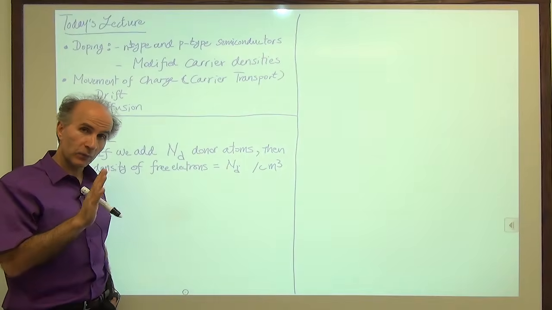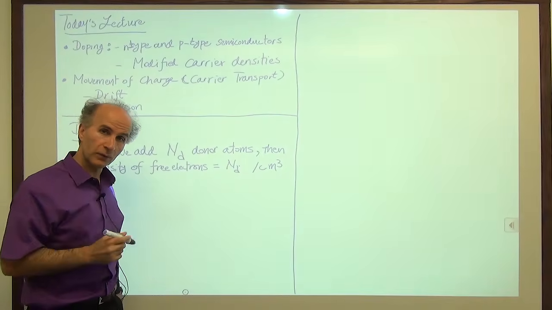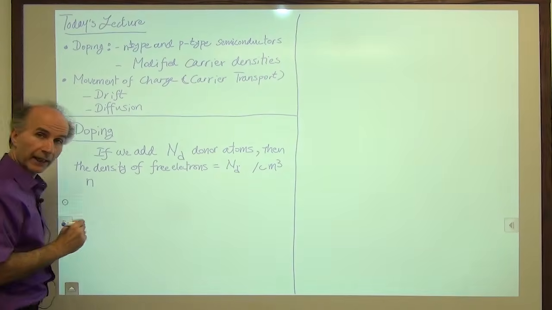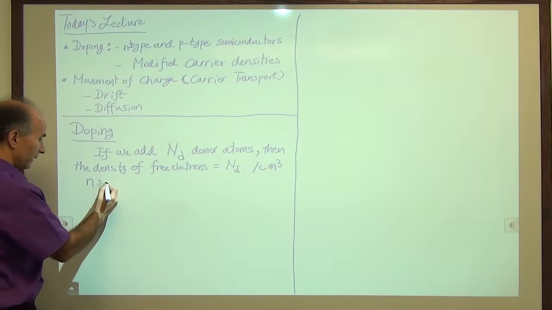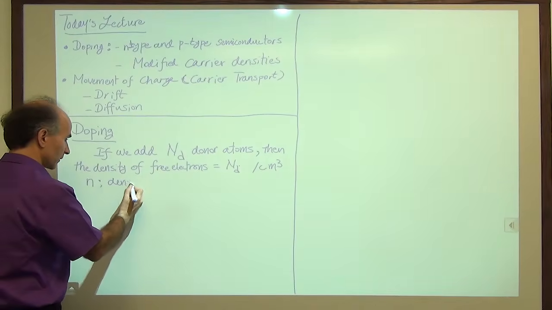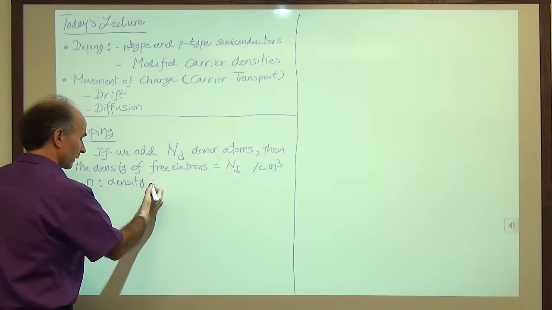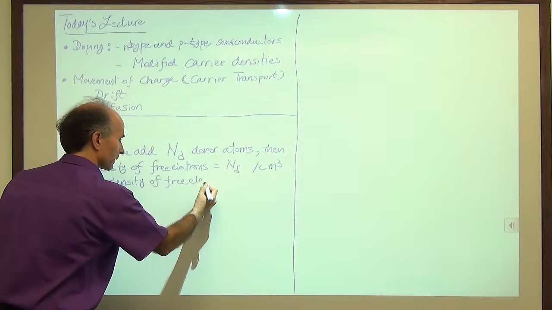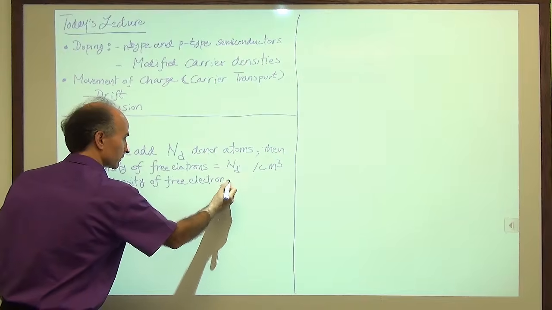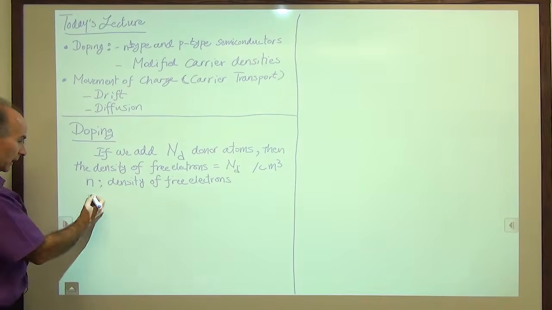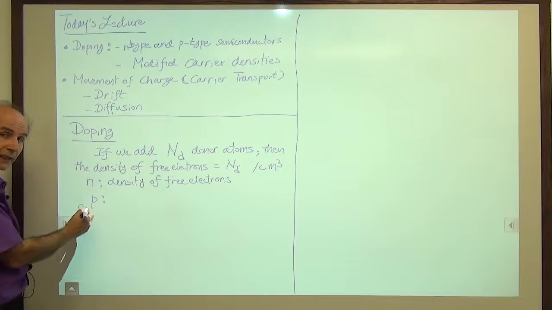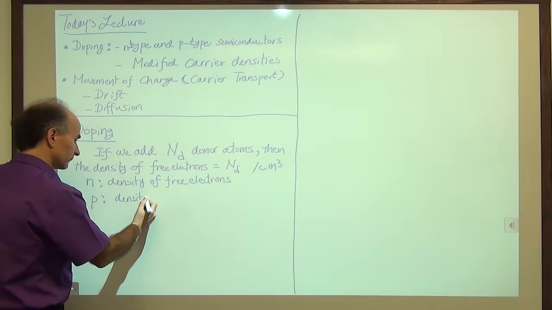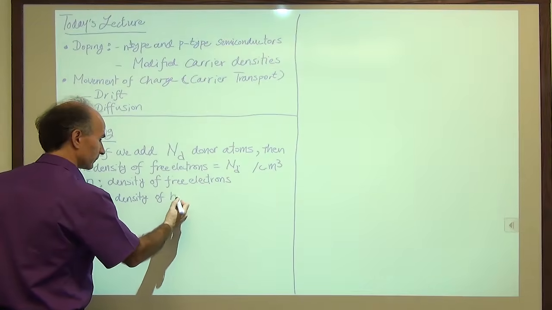So we don't know yet, but there's also room for confusion in terms of our notation. So to make sure that we're not confused, we will also introduce the following notation. We'll say n, little n, is density of free electrons. And p, lowercase p, is density of holes.